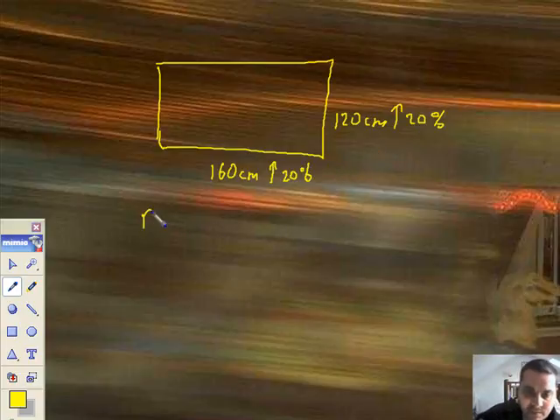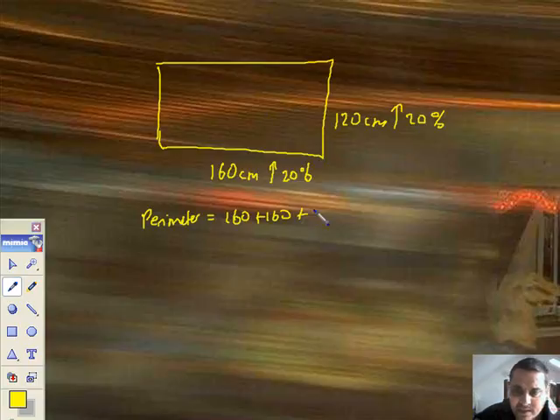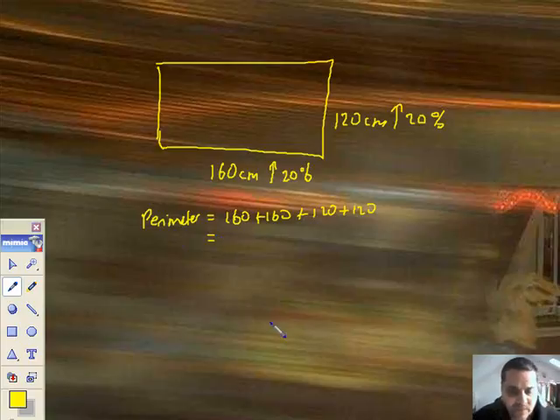Okay, so perimeter equals 160 plus 160 plus 120 plus 120. Altogether, I've got 560 centimeters. That's the original.